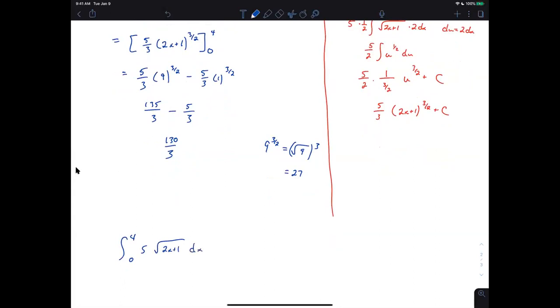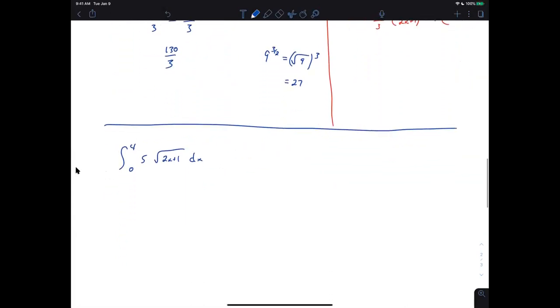The other option is to rewrite the problem with u simultaneously as we're doing the definite integral. So we're going to leave the 0 and 4 there for now. We go about doing the u substitution, so we pull the 5 out, multiply by 1/2 outside, put this here, and then 2 dx here, and we keep it 0 to 4.